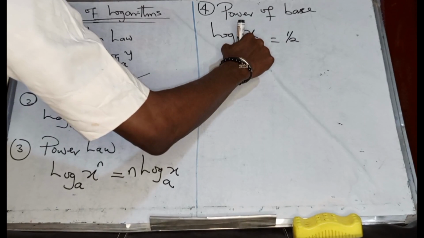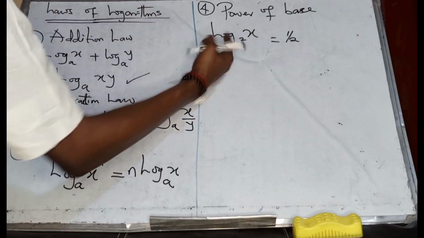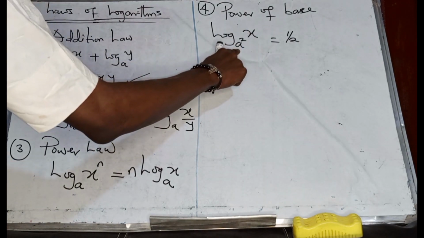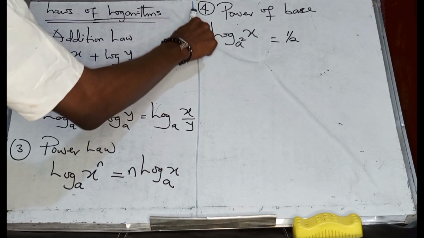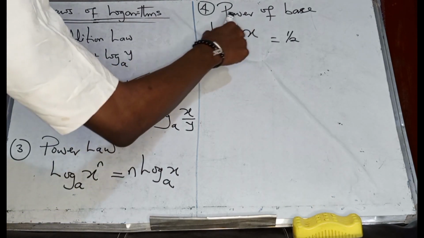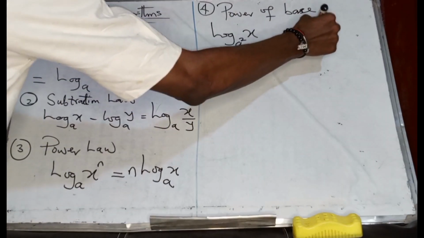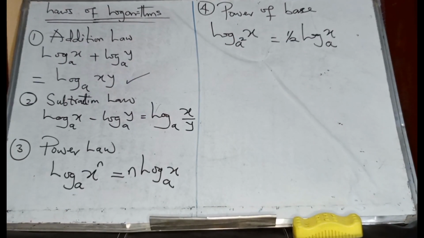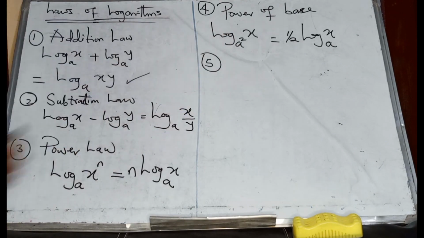It turns to a fraction. If we have a fractional index to the base, we definitely have a whole number, an integer. So this 2 would come back here and become 1 over 2, a fraction. Now I have log x to the base of a. Is that clear?